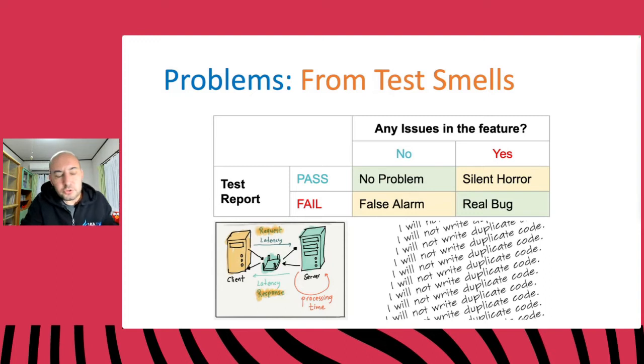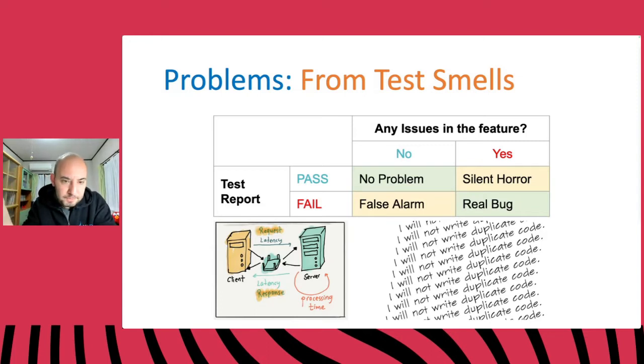For example, at what times do we need these kinds of refactoring or fix activities? Let me refer to false alarms, right? What does it mean? Whenever we have a failure in the test cases, whenever the test report says fail, but the feature was working properly and there was no real bug, it's a false alarm, because the test case is reporting a failure, but it is not a bug.